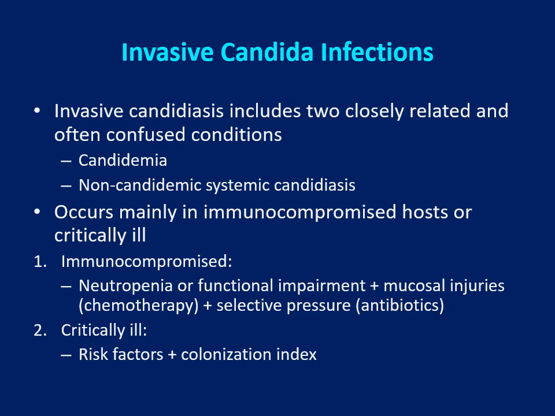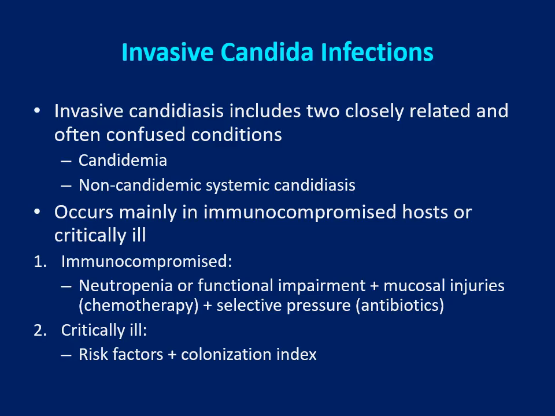Invasive candidiasis includes two closely related and often confusing conditions: candidemia alone, and non-candidemia systemic candidiasis. They occur mainly in immunocompromised individuals or in those who are critically ill, with a prolonged stay in the ICU and other predisposing factors.